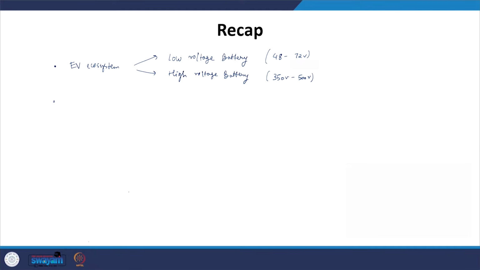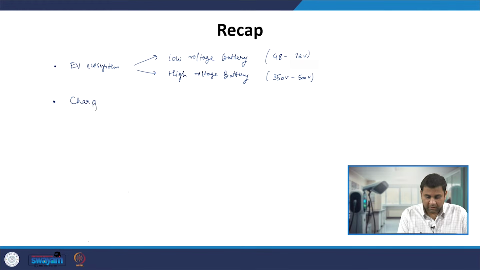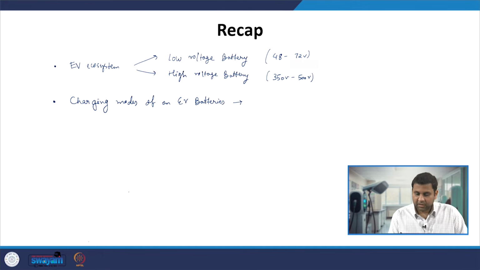Then the next thing we have understood is different charging modes of an EV battery, and we have established that the most commonly used charging modes are basically CC followed by CV, which is constant current and constant voltage.